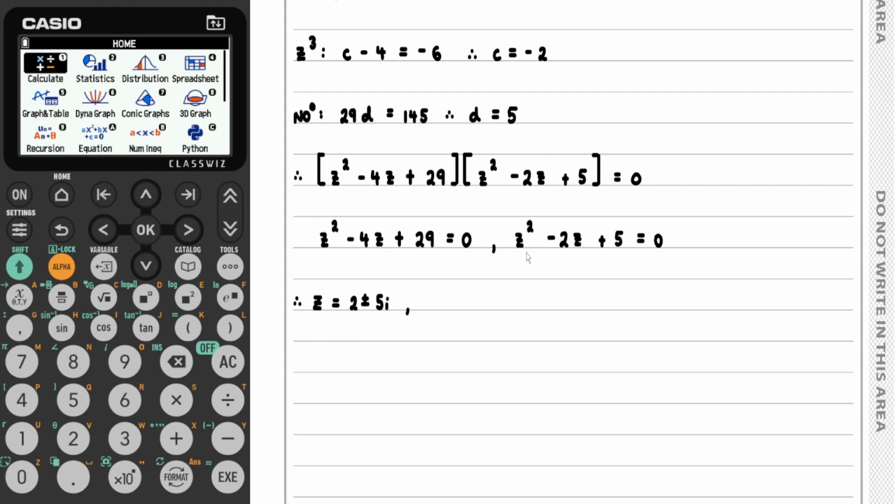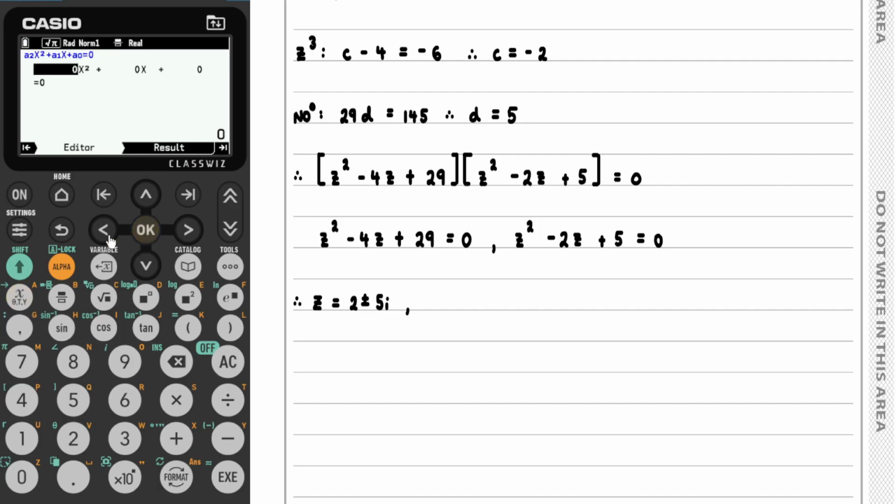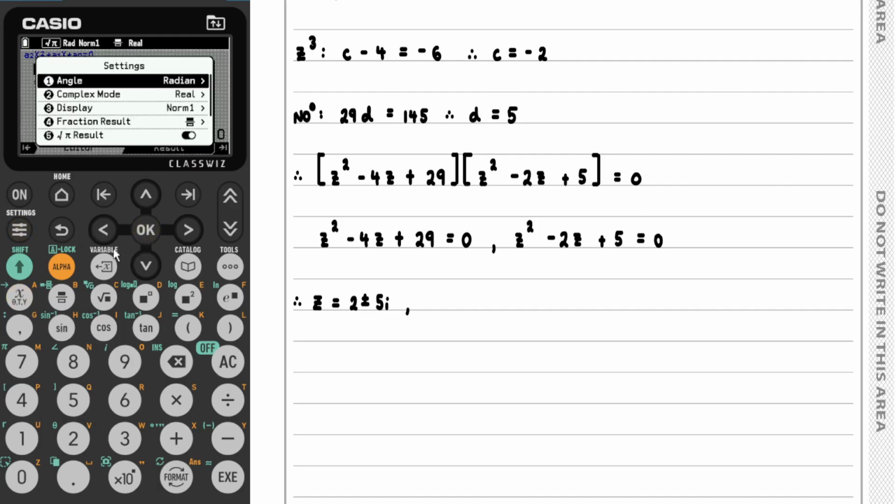We can now use our calculator to solve z squared subtract 2z plus 5 equals 0. From our calculator, let's go to the equation sub-menu. We have a polynomial of degree 2. Let's change the calculator settings to display complex numbers.